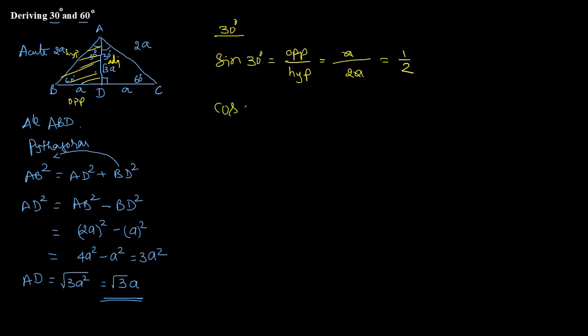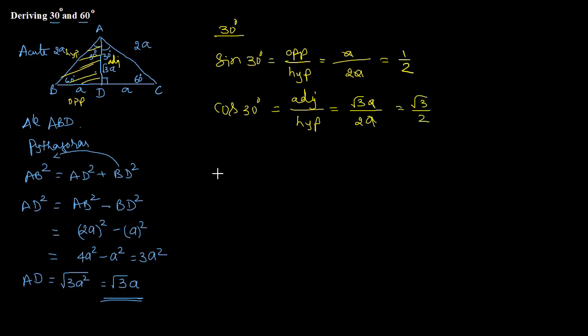And cos 30 is equal to adjacent by hypotenuse. These ratios are written based on the angles we have considered, so that's how it changes. Adjacent in this case is root 3a divided by 2a, a gets cancelled, so I get root 3 by 2.